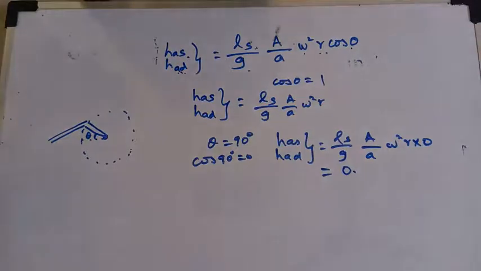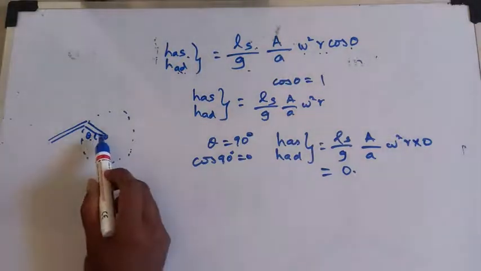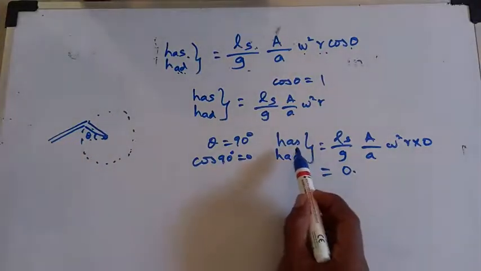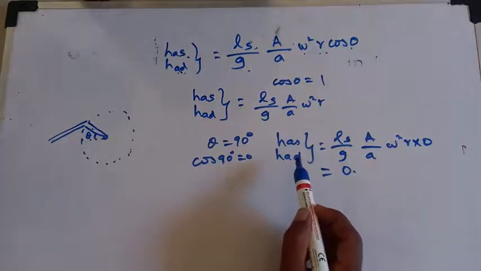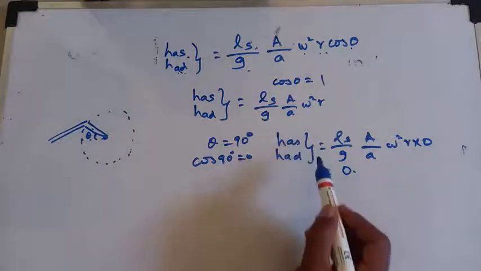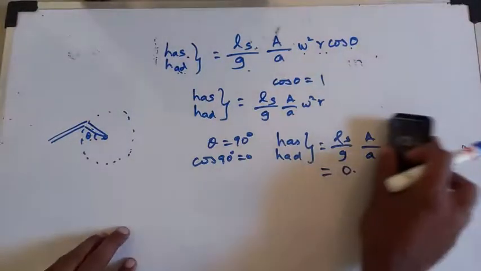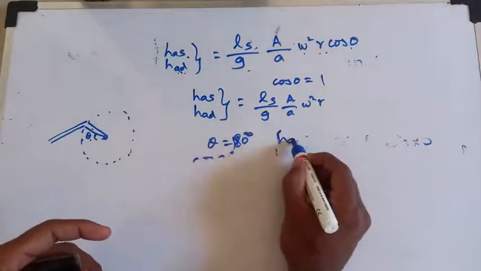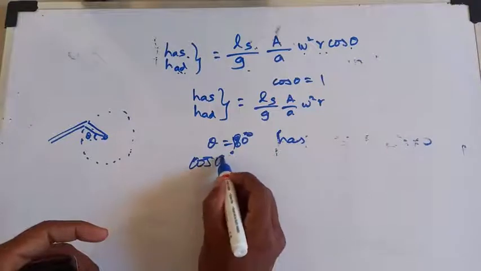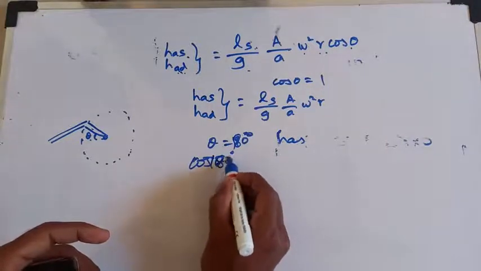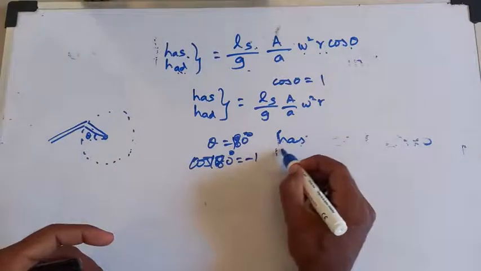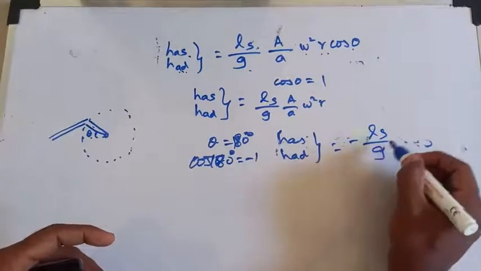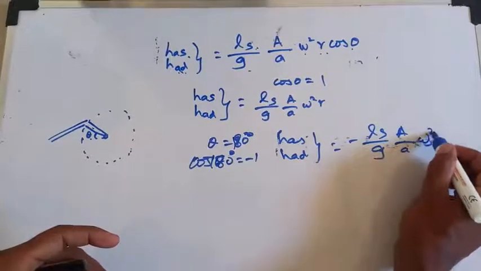So at center, if the crank comes to the center position, the acceleration effects in both suction and delivery become 0. If theta equal to 180, we get the same equation with negative sign, because cos 180 equal to minus 1. So HAS or HAD will be equal to minus LS by G, A by a omega square R.